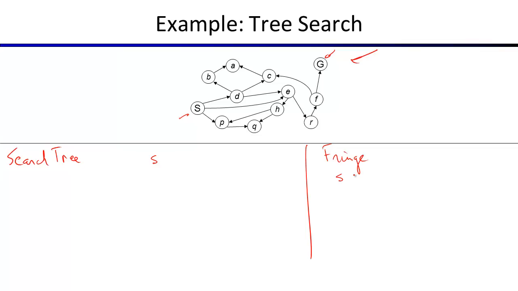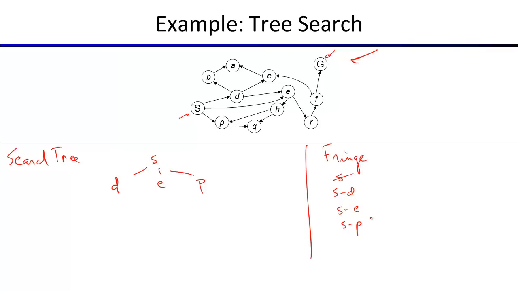We call the successor function. What we get is D, E, and P. What that means for our fringe is that S got off the fringe, and now we have SD, SE, SP on our fringe. Now we have three nodes in our fringe. We pick one of them. Which one?